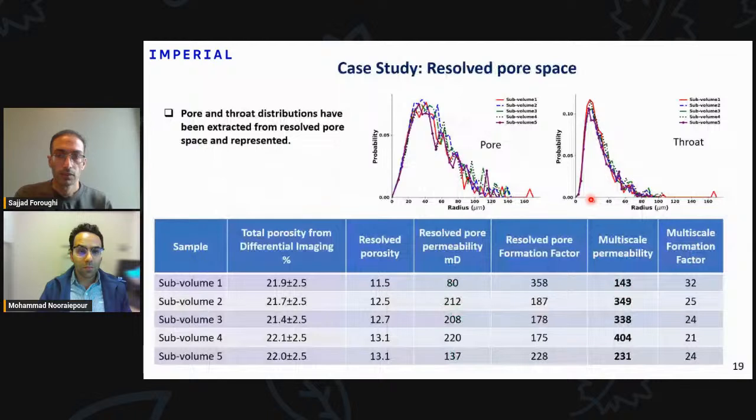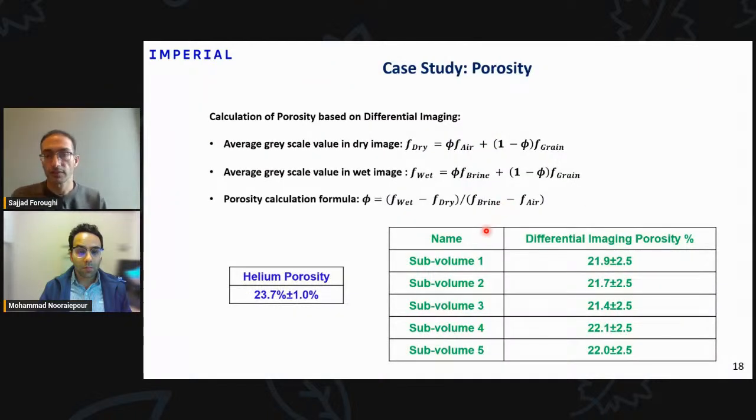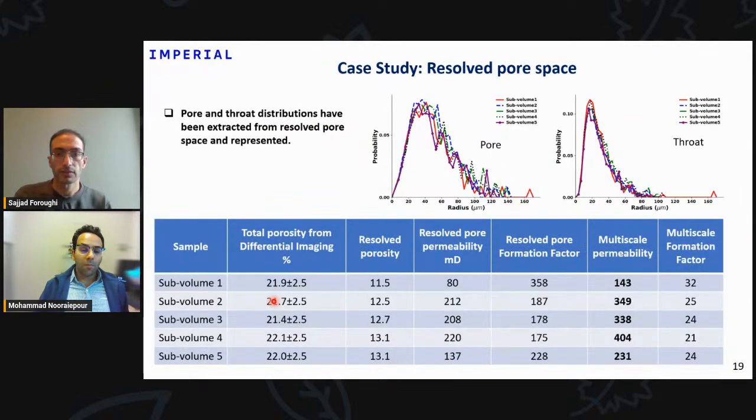So here is the result for the subvolumes. This is the differential imaging porosity, which is more or less the same as what we see in the helium porosity measurement. This is the pore size distribution for the resolved pores, and this is the permeability from multi-scale pore network modeling.